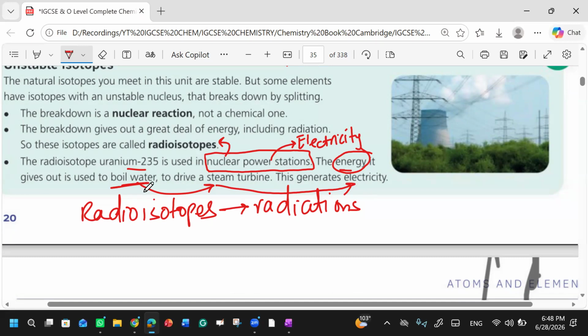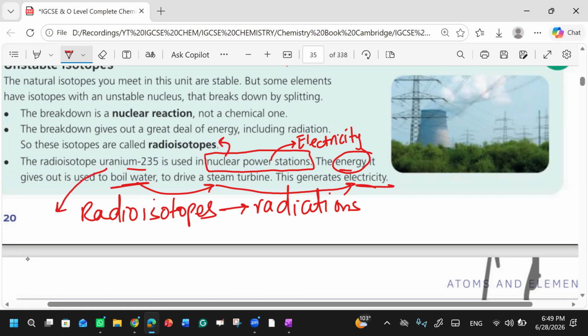And then when water boils, after that there will be steam. Steam production helps to produce electricity. So this is one of the applications of using radioisotopes to generate electricity. But remember one thing, this is a controlled reaction. If they are using uranium-235 here to produce electricity, they are using it in a controlled manner.